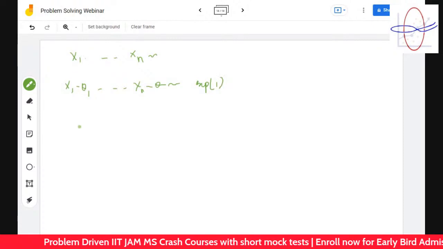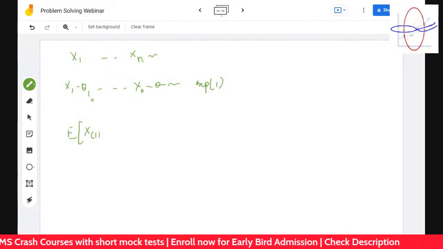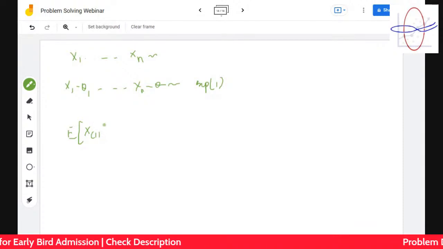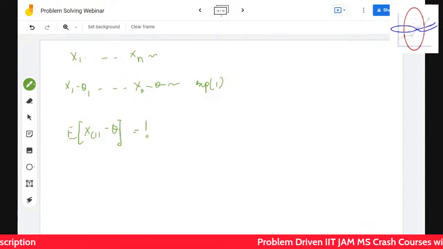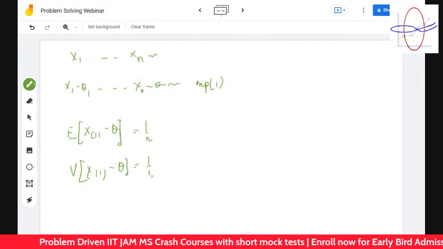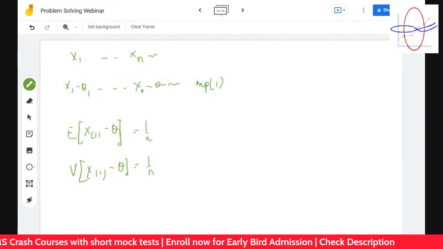So therefore the expectation of x1 you can find out from this exponential only. The minimum you can find out will be 1 by n. So therefore x1 minus theta has mean 1 by n, and variance is 1 by n square.